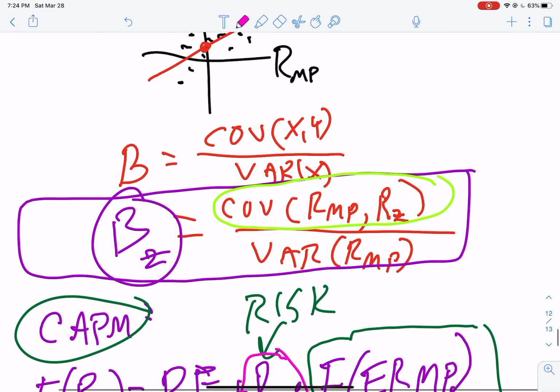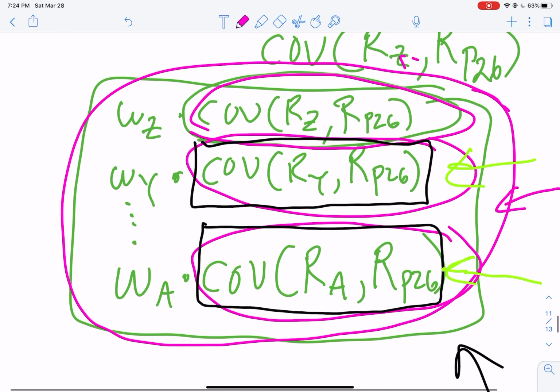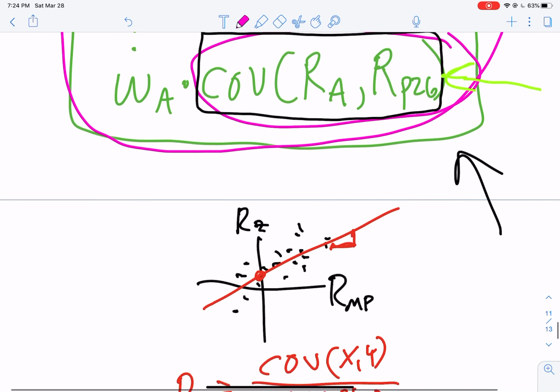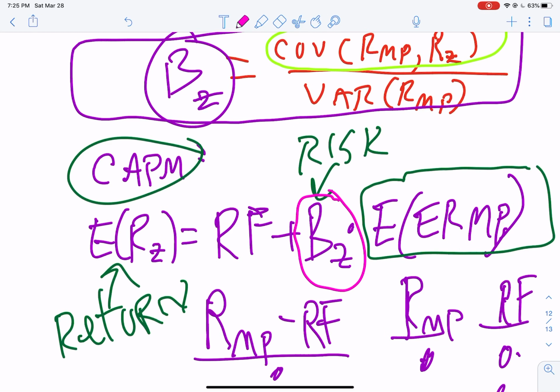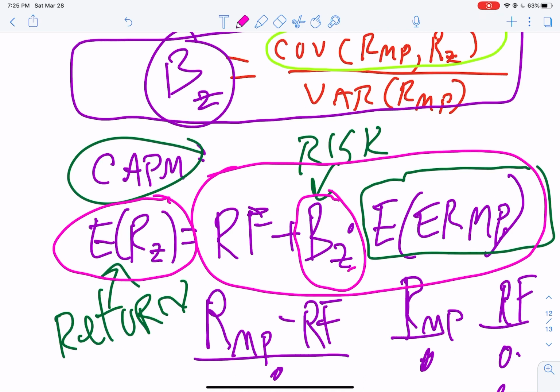So the reason that the analysis up here was so important was that it ties into this calculation of the beta for a stock, which is the only attribute of the stock whose expected return one is trying to estimate or predict that has anything to do with Z. So we're trying to predict the expected return on Z, and the only thing over here on this side of the equation that has anything to do with Z is the beta.